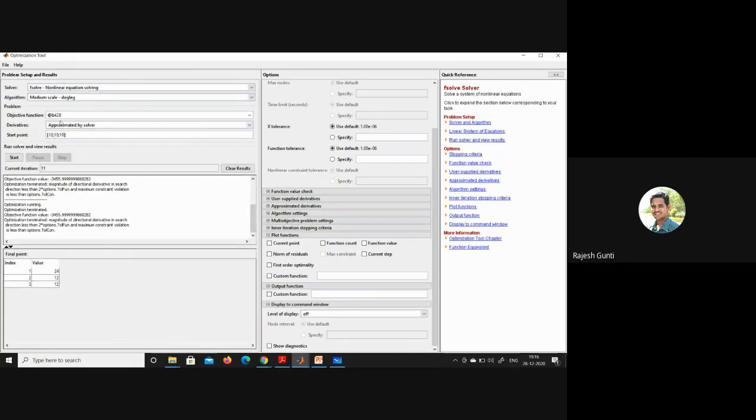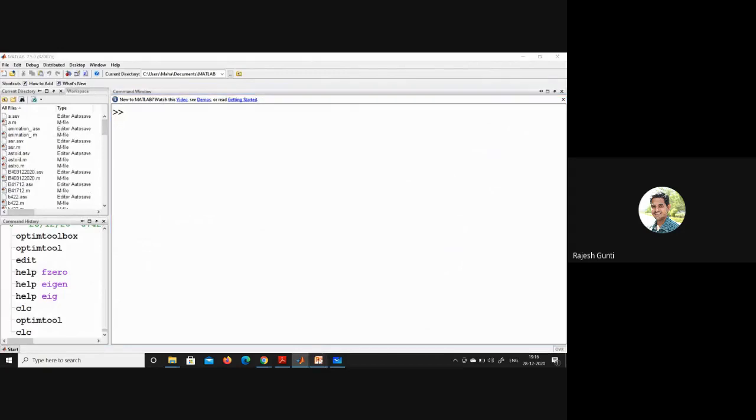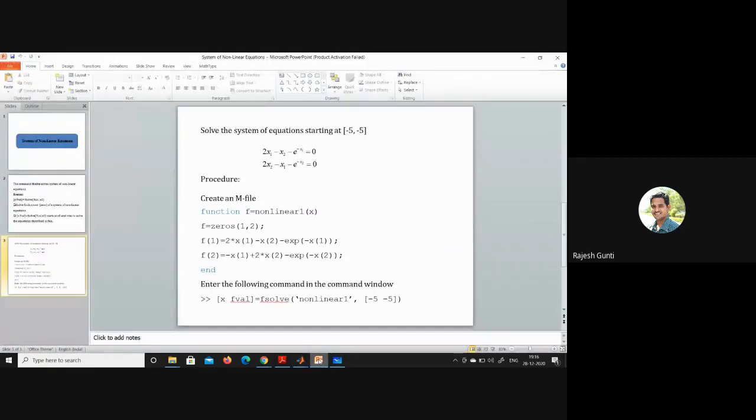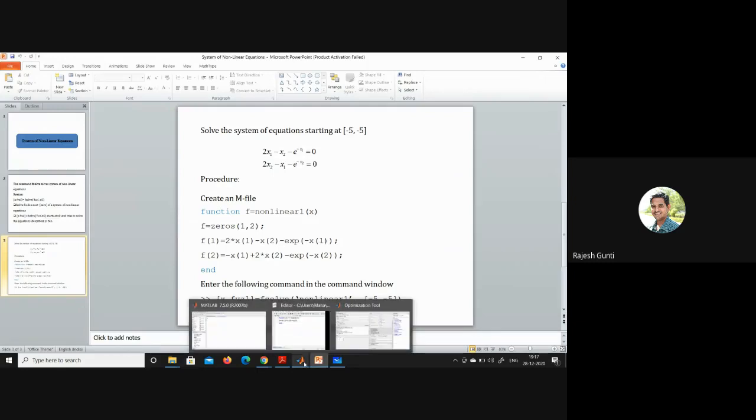Starting point, everything we can easily understand. That's why I started like this. First, I started with f0, fsolve. Then I started the optimization toolbox, linprog with solver. I solved. Then I opened the toolbox. After that, nonlinear constraint also is solved.